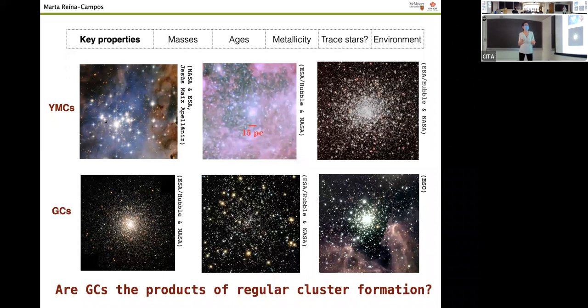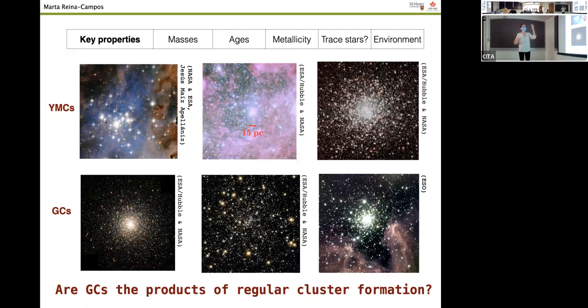What they differ in is that young massive clusters are currently forming, whereas globular clusters are seen to have ages between a few gigayears and ages comparable to the age of the universe, and the fact that they're sitting in different environments, because young massive clusters are generally still embedded within their gas-rich natal environment, whereas globular clusters tend to be sitting in much more gas-poor environments in the outskirts of galaxies.